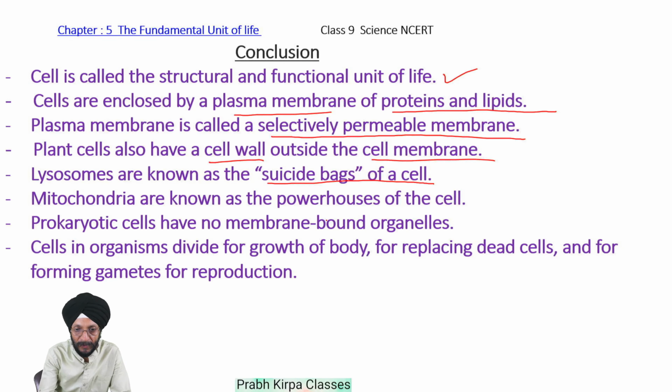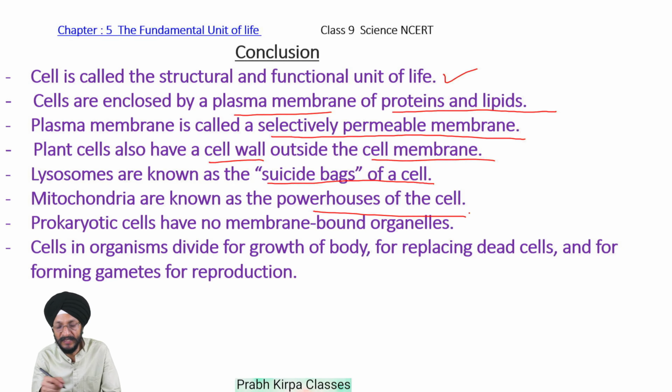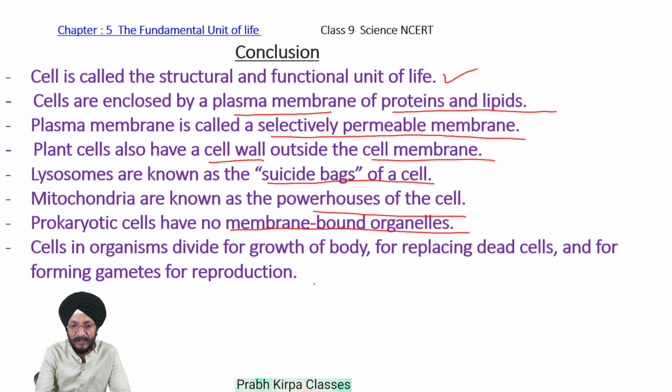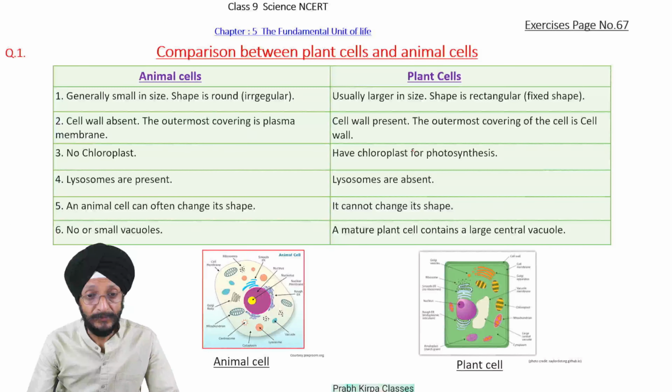Mitochondria is known as the powerhouse of the cell because it supplies energy in the form of ATP. Prokaryotic cells have no membrane-bound organelles. Cells in organisms divide for growth of the body, for replacing dead cells, and for forming gametes for reproduction.